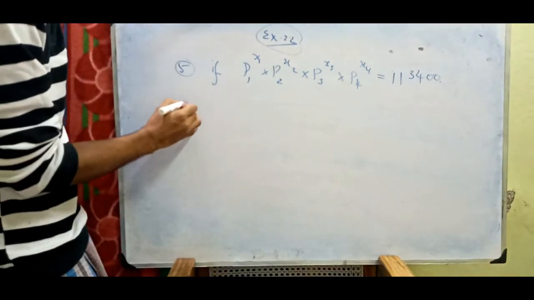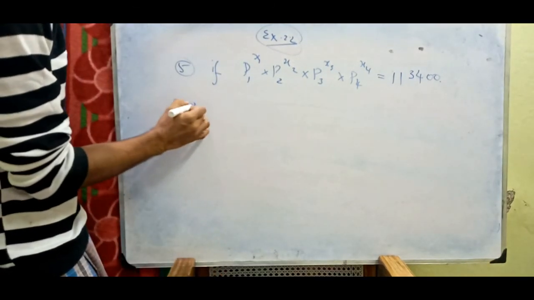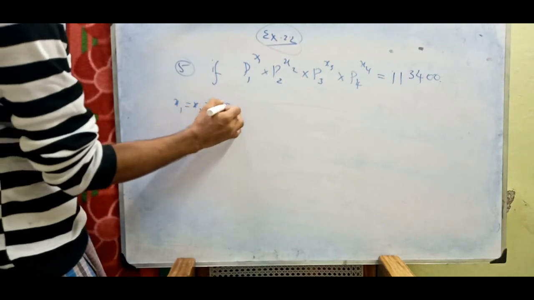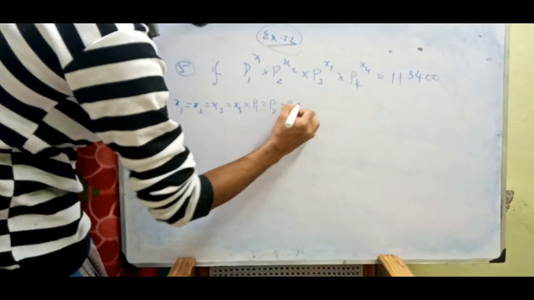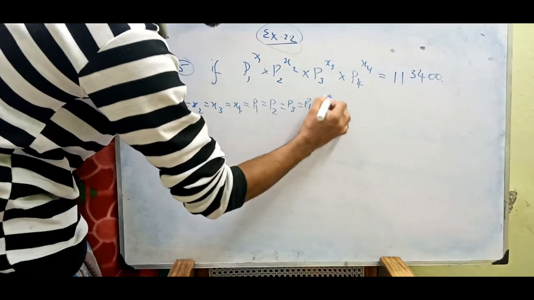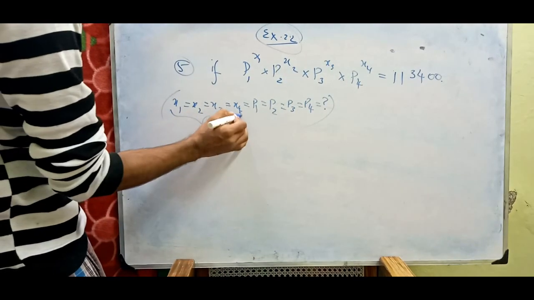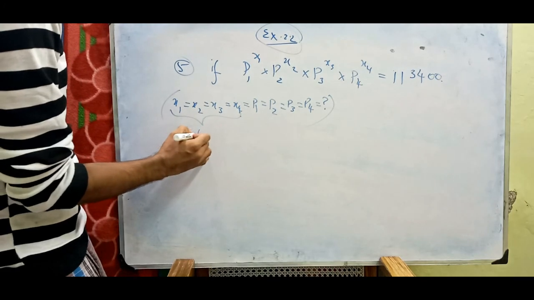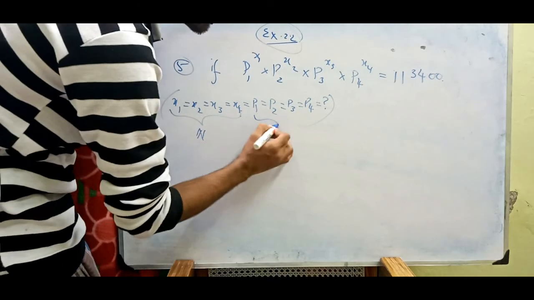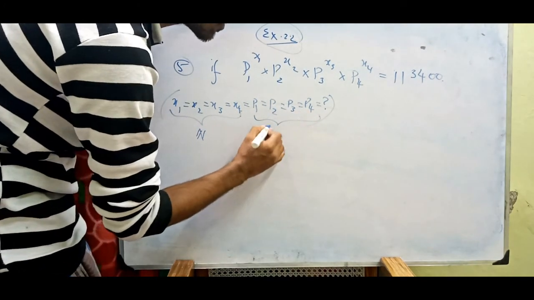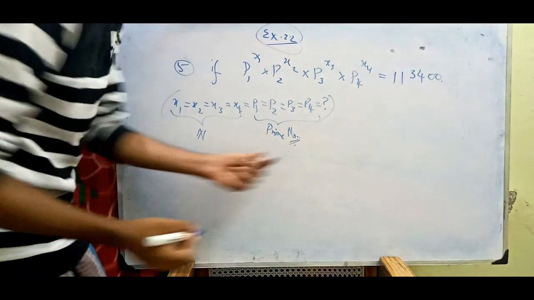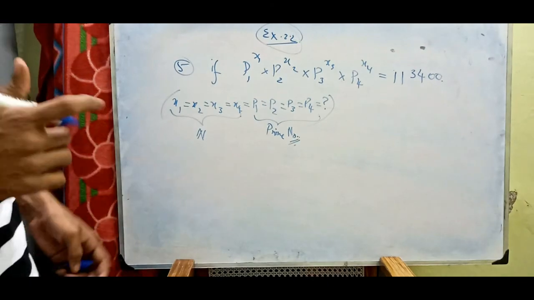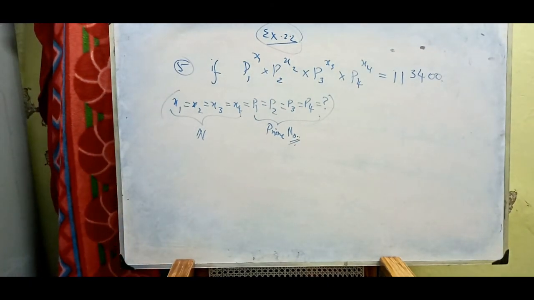We need to find x1, x2, x3, x4 and P1, P2, P3, P4. All these things we have to find. Here x1 to x4 belong to natural numbers and the others belong to prime numbers. And let us begin this.